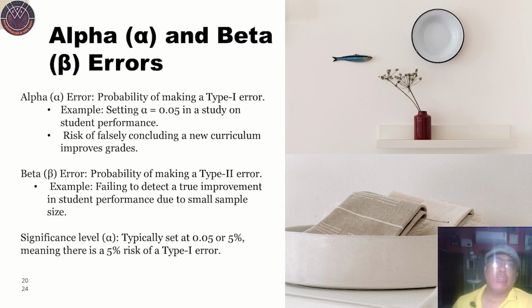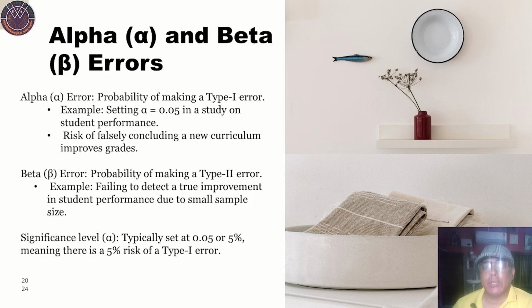In social science research we give 5% or 0.05 level of probability of committing type 1 error. That means if you are rejecting the null hypothesis, then you should be 95% sure, or you can take a 5% chance before taking a decision.